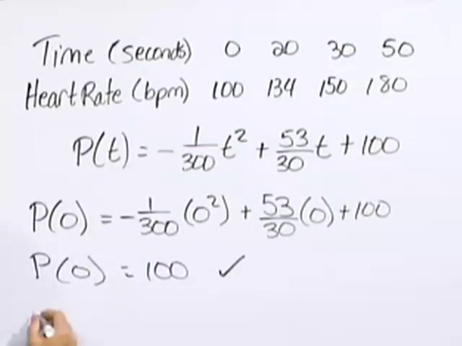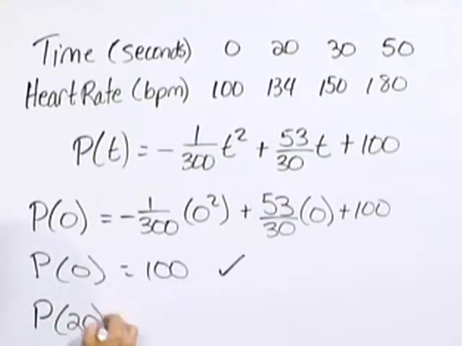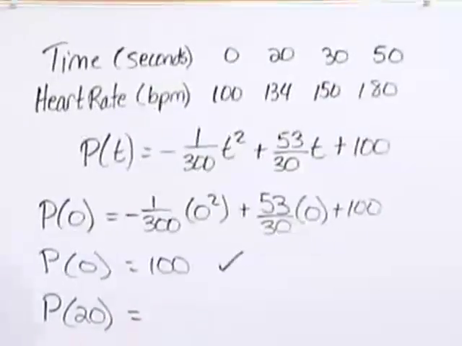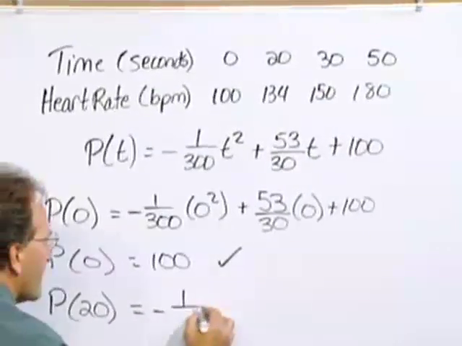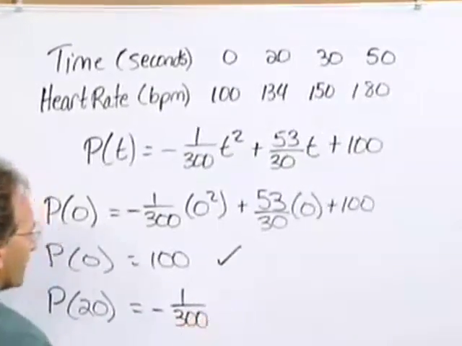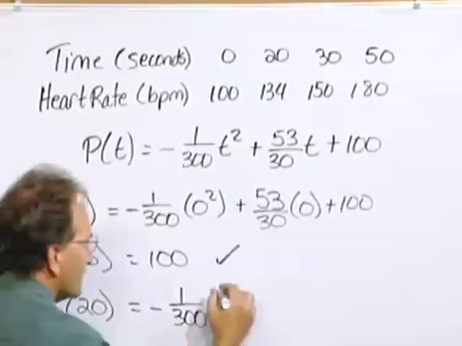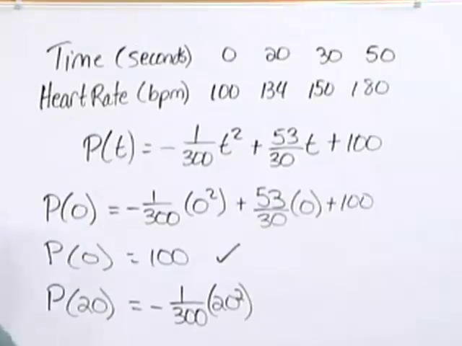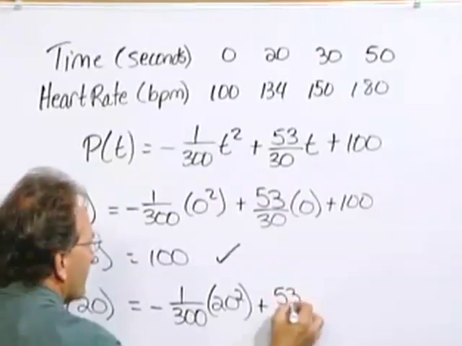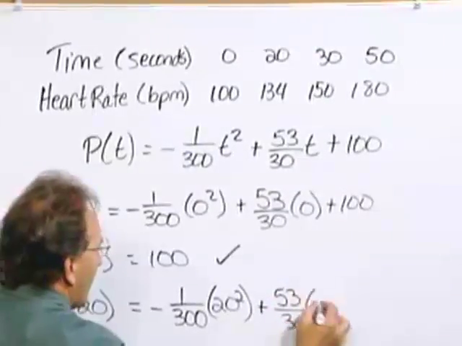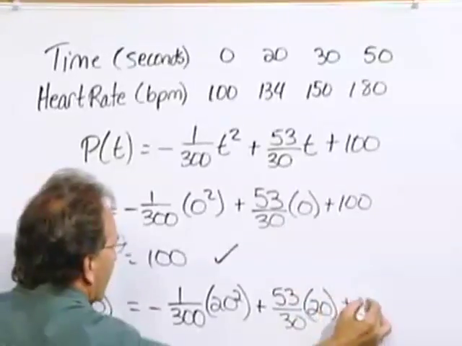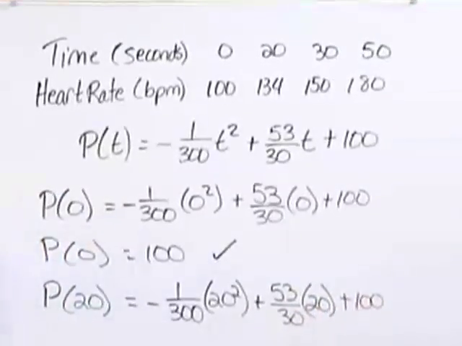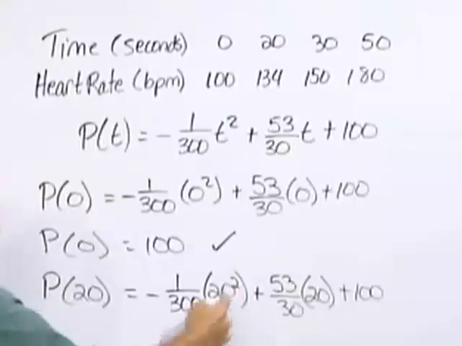Now let's find P of 20. So we substitute 20 for the value of t. So we have negative 1/300 times 20 squared. Then we have plus 53 over 30 times 20 plus the 100. 20 squared is 400.